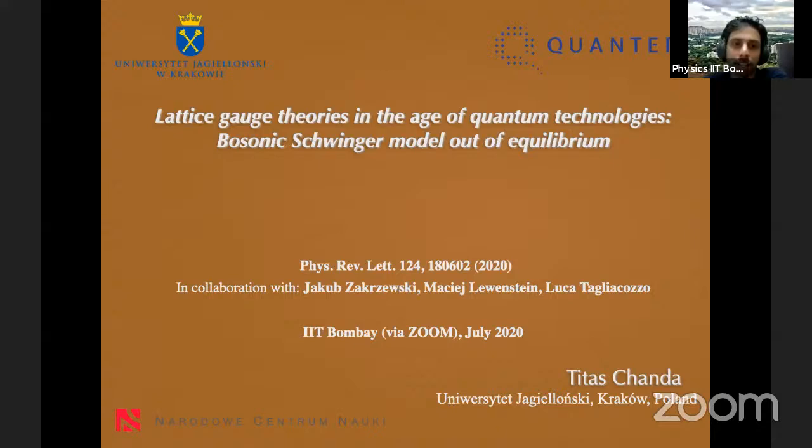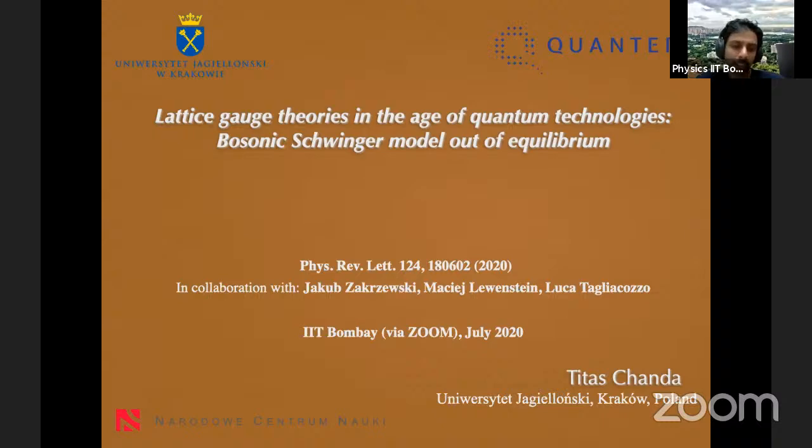From there, he moved, I think, a year and a half back to work with Jakub Zakrzewski at Jagiellonian. So Jakub, we know very well.